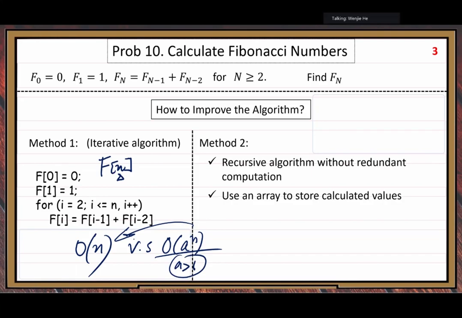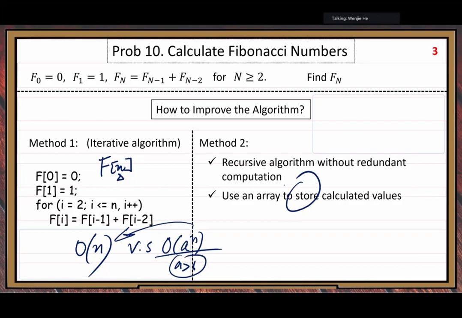You need to store all the calculated values. So here, the most important keyword is the store keyword. If you can store the intermediate Fibonacci numbers, that's not your final Fibonacci number, but you need to use some intermediate Fibonacci numbers. If you can store all of them, you can avoid redundancy, right? So the main idea is just to store all the intermediate, calculated Fibonacci numbers for future usage. Then you can avoid redundancy.